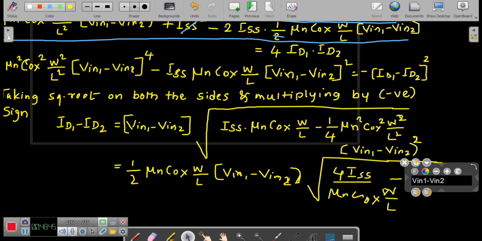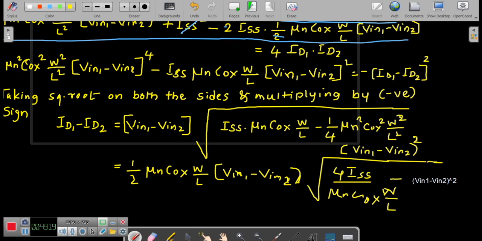Please bear with me. V in 1 minus V in 2 whole square. Because of some network issue, I was not able to write in freehand. Anyway, you can understand this.